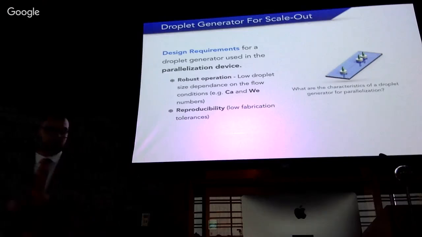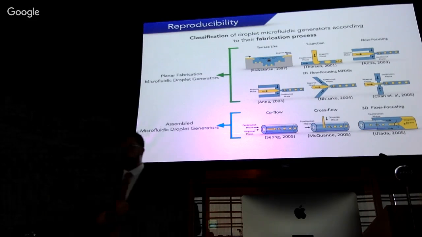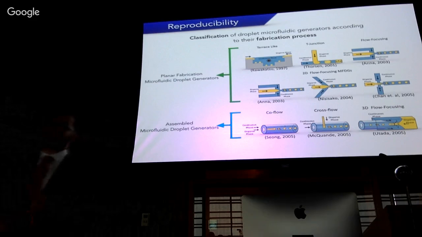copies of these systems. So for the reproducibility part, I did a literature review, and this is a good summary of all the different types of droplet generation systems that researchers have used, and I classified them into two. The top ones are done with planar fabrication methods like soft lithography, CNC micromachining, laser cutting, and things like that.